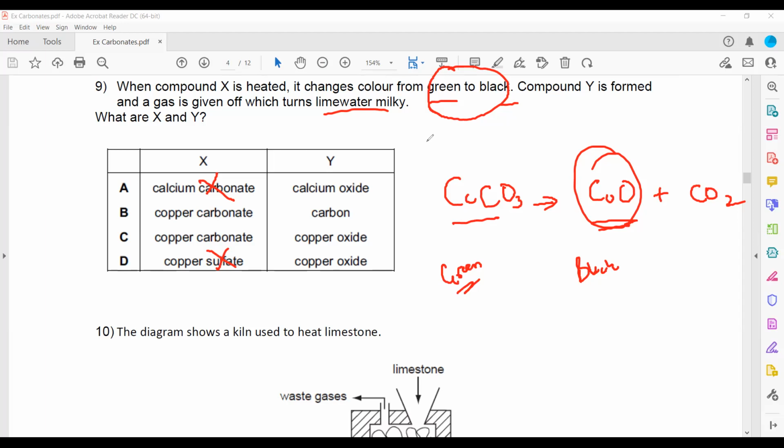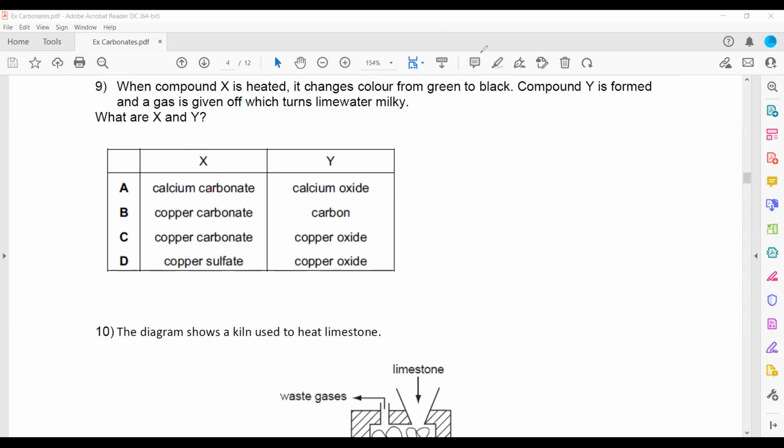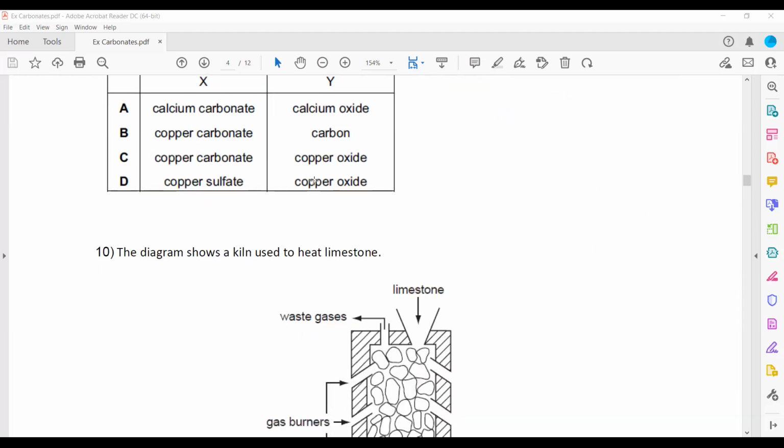This is there from the metal chapter, that when copper carbonate is heated, it gives copper oxide plus carbon dioxide, which gives off carbon dioxide that turns lime water milky. So the colored compound gives an idea that there should be a transition element. And lime water turned milky gives an idea it should be a carbonate. It cannot be any other compound.